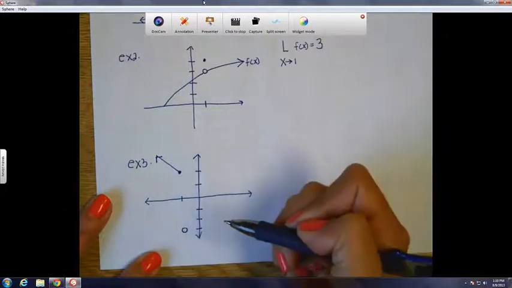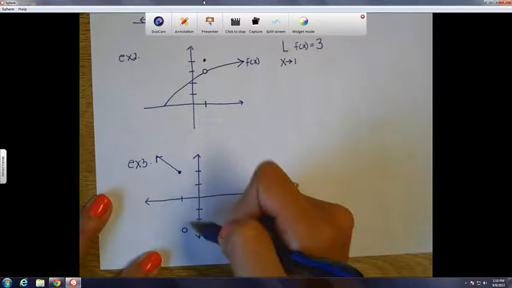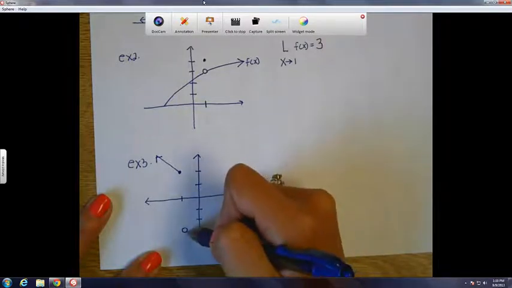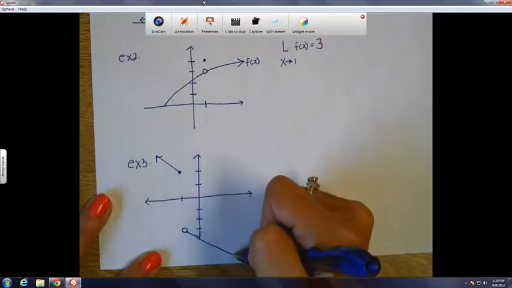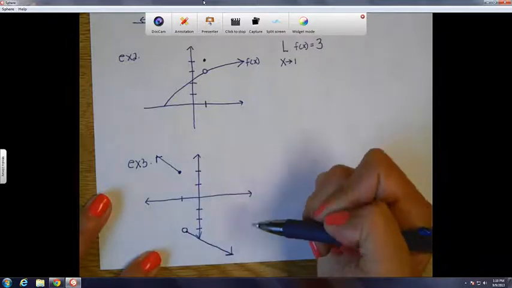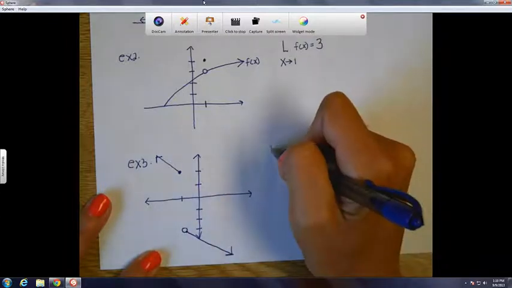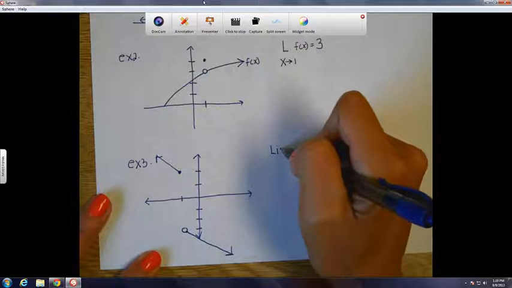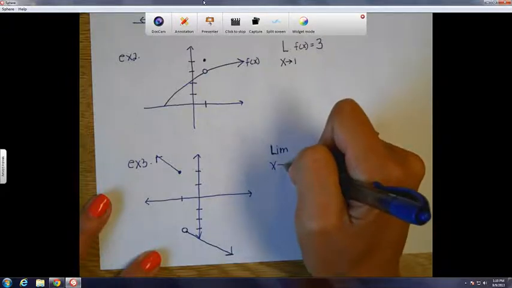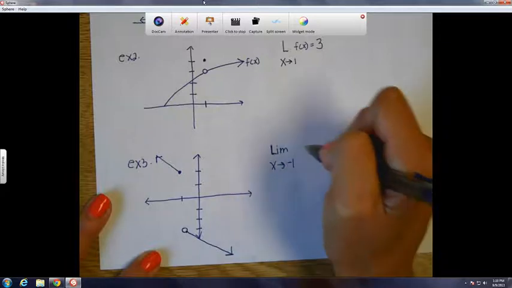Open circle there at negative 1, negative 3. Is there a limit? Limit as x approaches negative 1 of f of x.